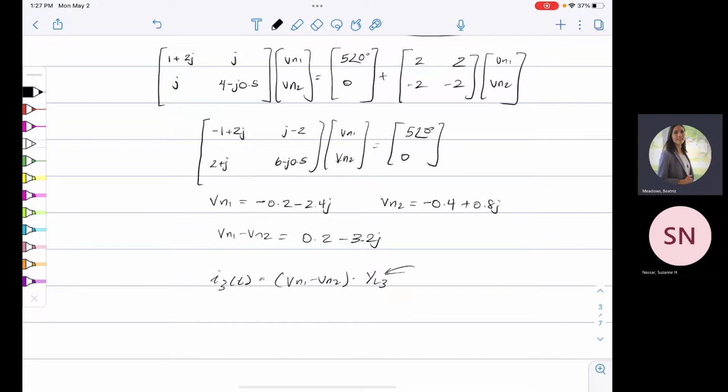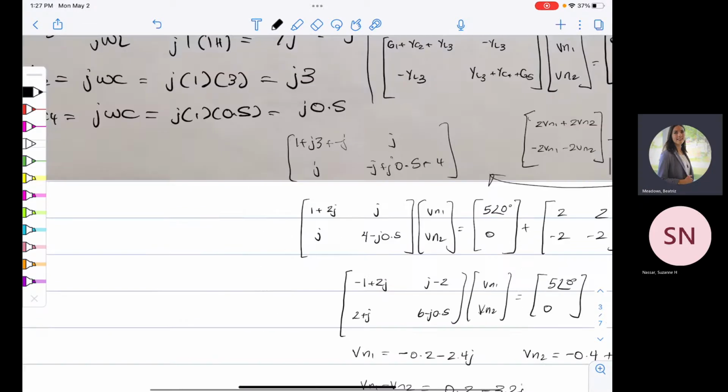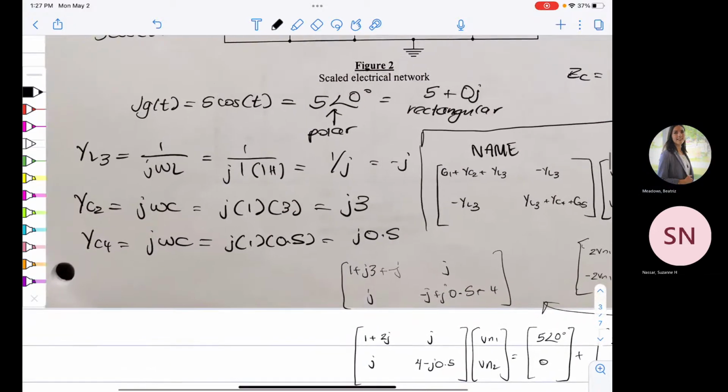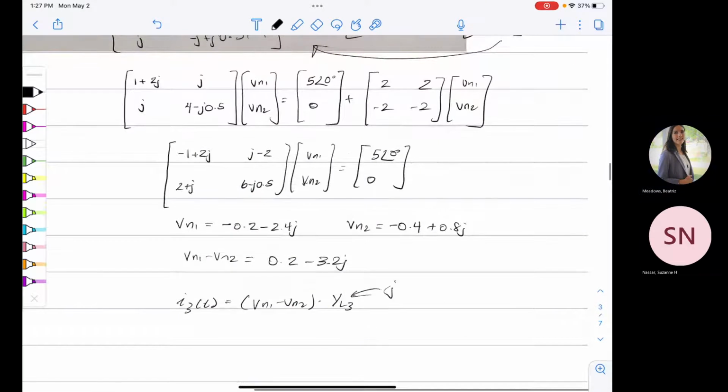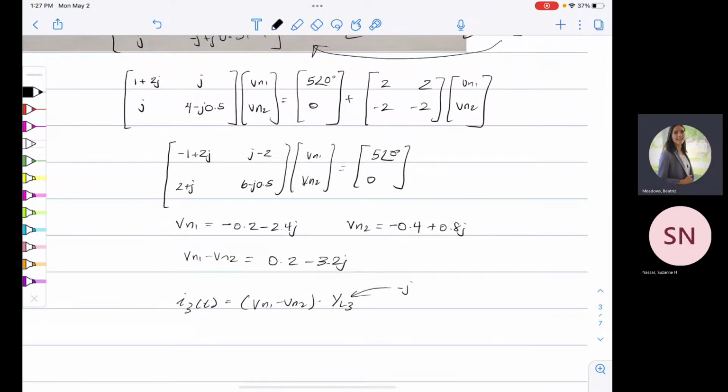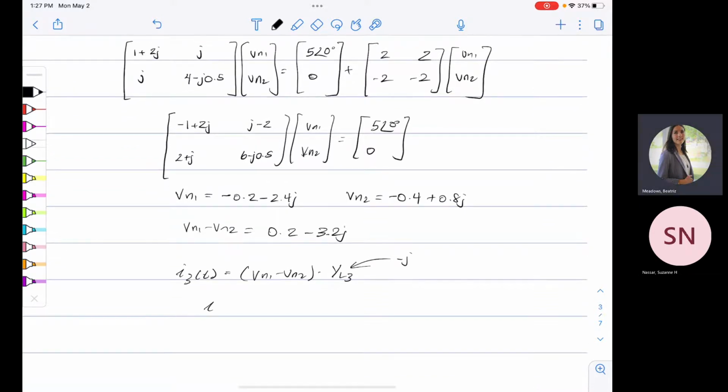And then this, again, was j from earlier. See right here. So my I3 came out to be 3.20624 with the phase angle of negative 176.424.